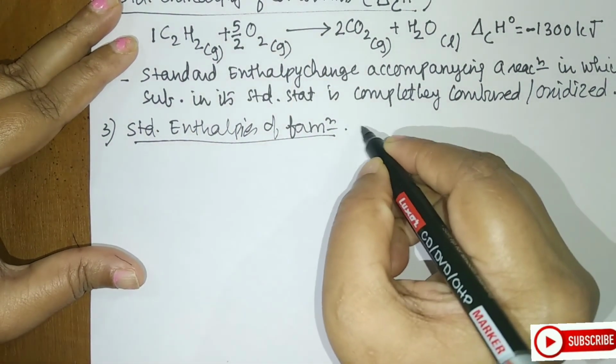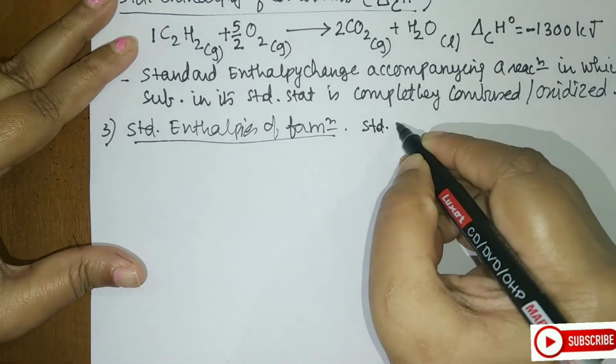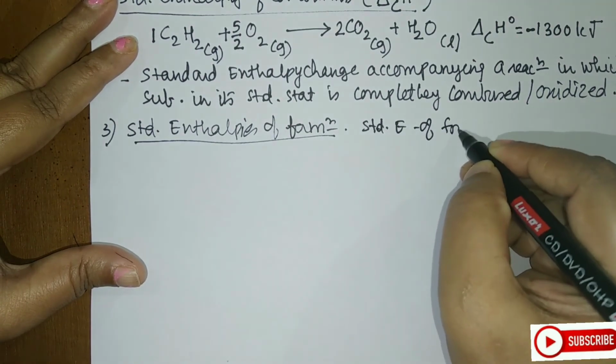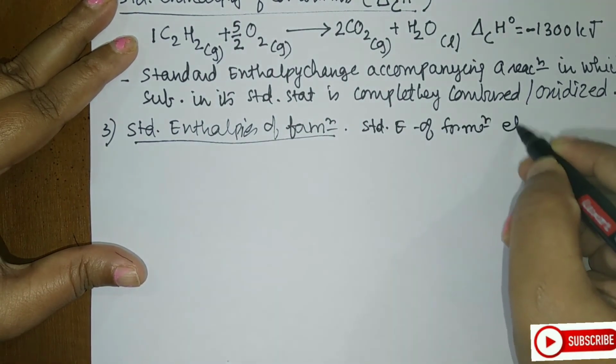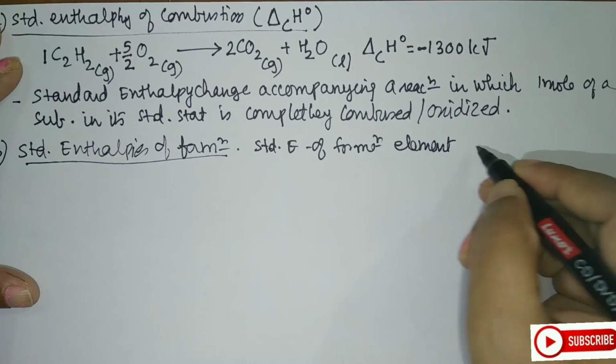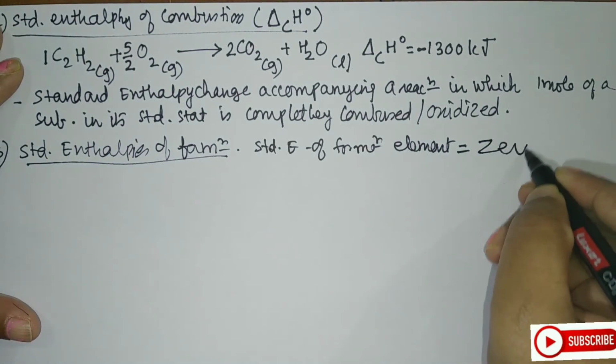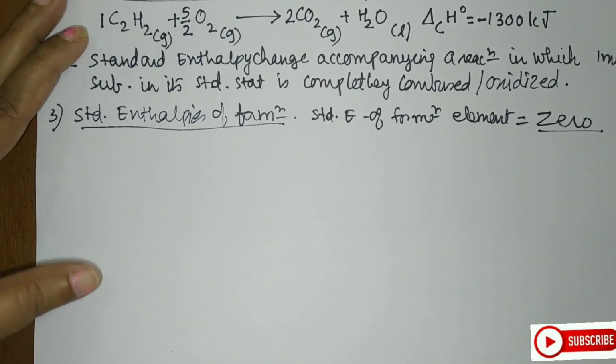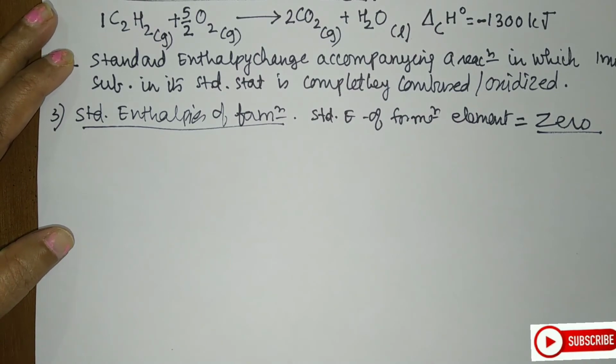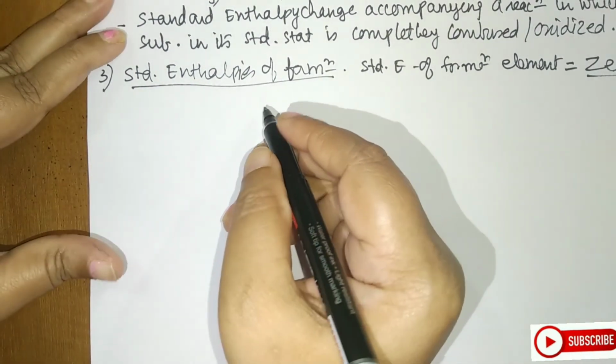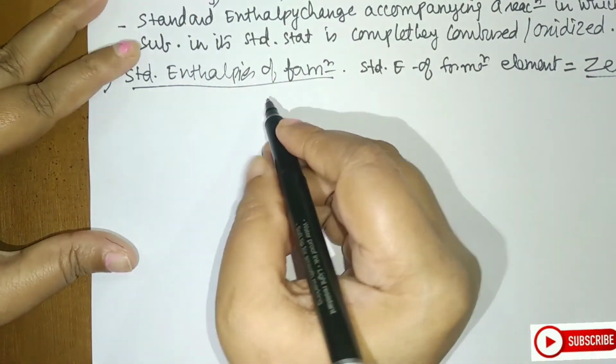And always remember that the standard enthalpy of formation of any element is always 0. When we say that it is in its elemental state, free elemental state, then the standard enthalpy of any substance, we consider it 0. So to understand this, let us take one example and then form the definition.